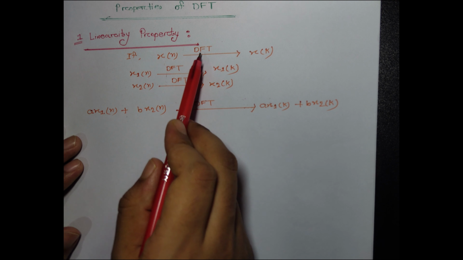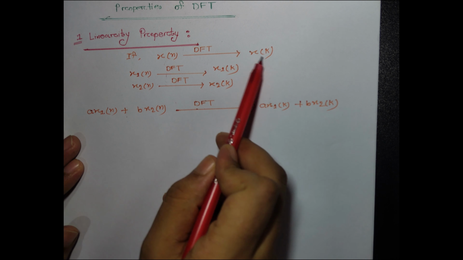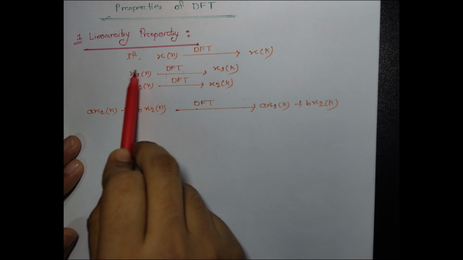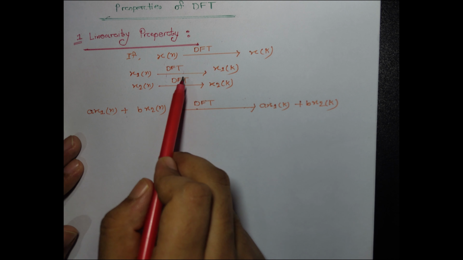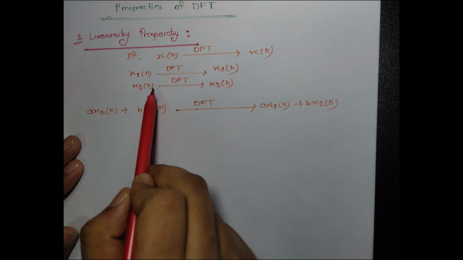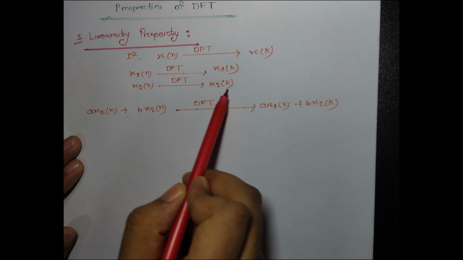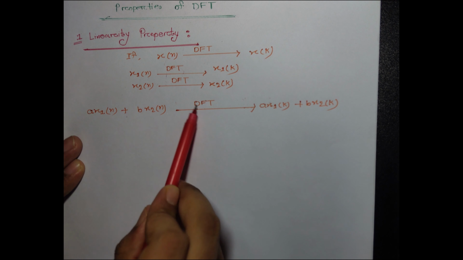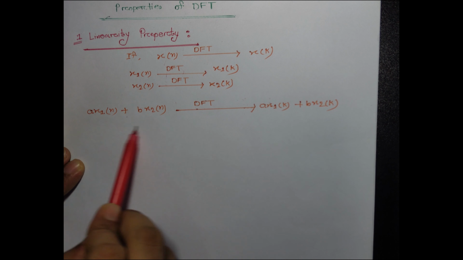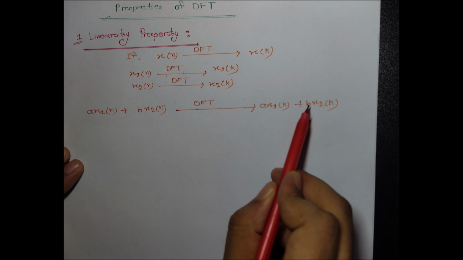If the discrete Fourier transform of x1[n] is equal to X1[k], and also the discrete Fourier transform of x2[n] is equal to X2[k], then the discrete Fourier transform of a x1[n] plus b x2[n] equals a X1[k] plus b X2[k].